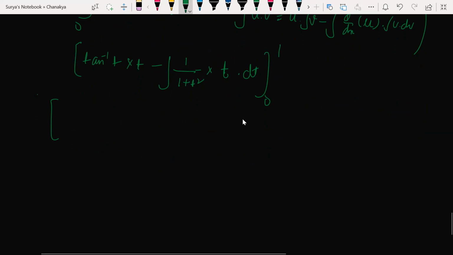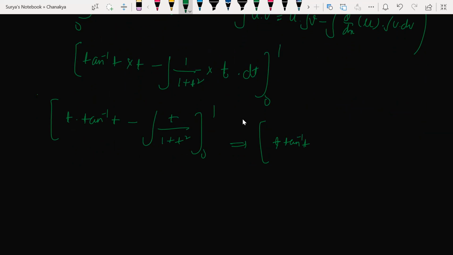Now t into tan inverse of t minus t by 1 plus t square, 0 to 1. So now t tan inverse of t minus, substituting the limits, 1 by 2 log of 1 plus t square, right?